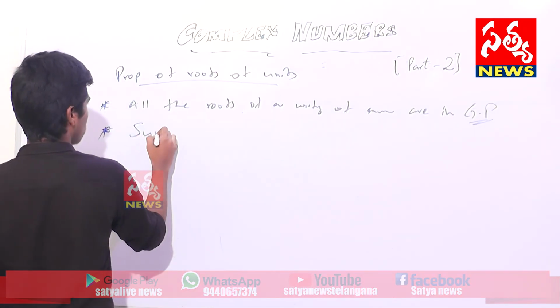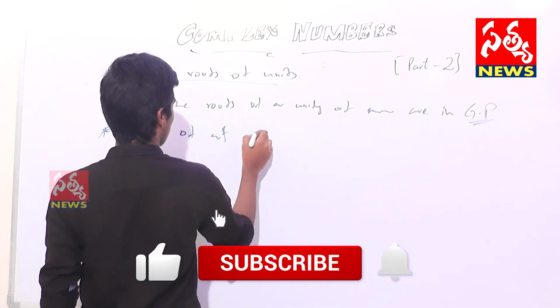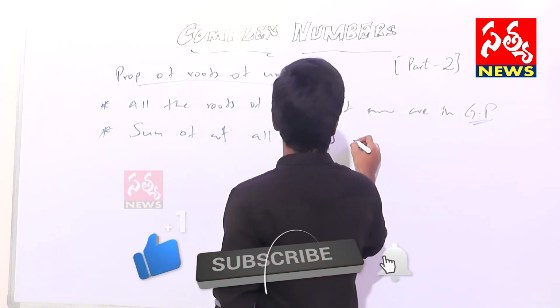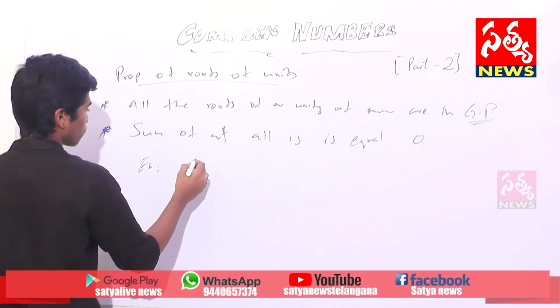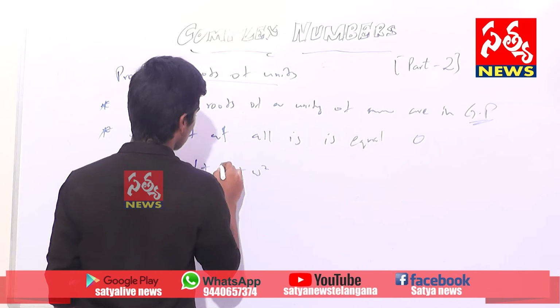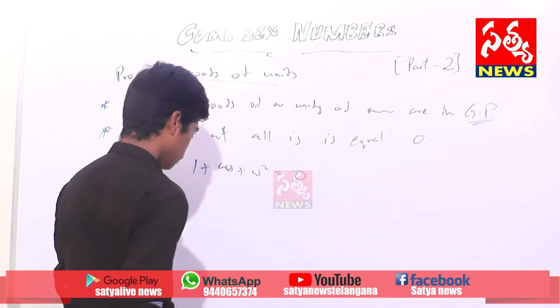The next is, the sum of all roots is equal to 0. For example, 1 plus omega plus omega square is equal to 0, right?